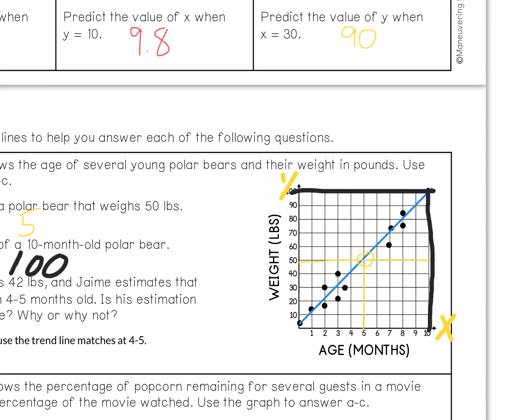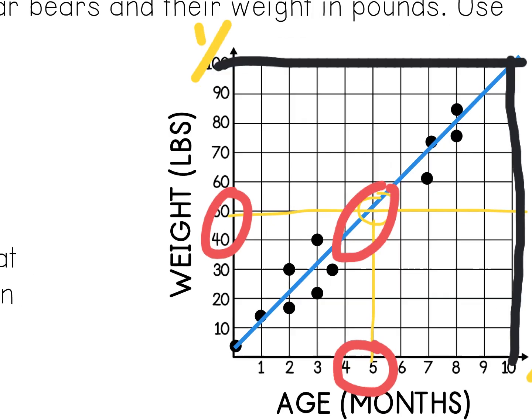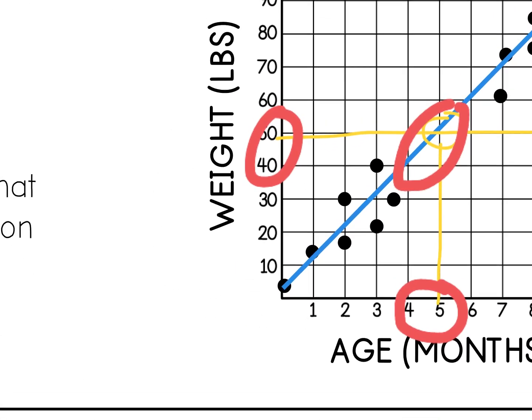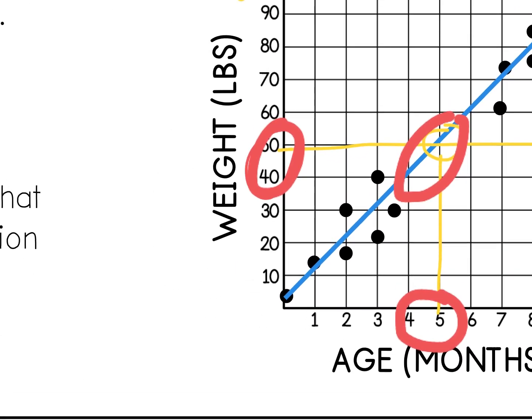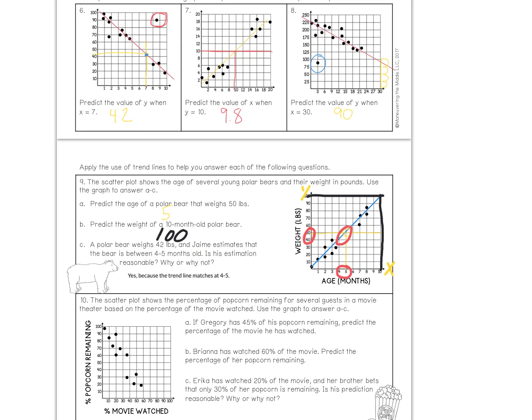So basically what we're doing is we're going the opposite. We're saying between 4 and 5, the values are between 40 and 50, so 42 is reasonable to say that. Does that make sense? Okay.